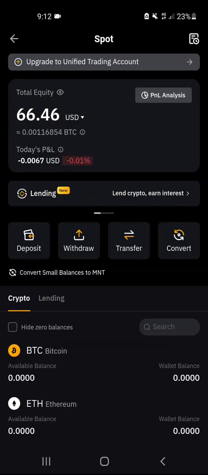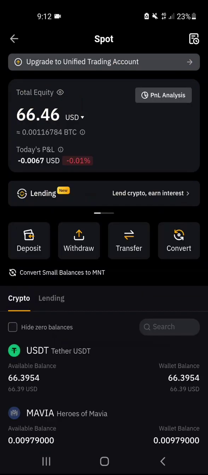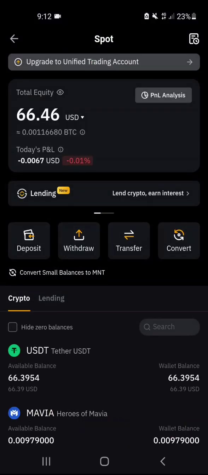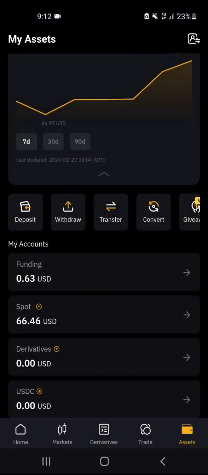You can buy that in two different ways. One is trading, USDT to whatever coin you want, and another way is convert. When you convert, you don't need any extra fees.